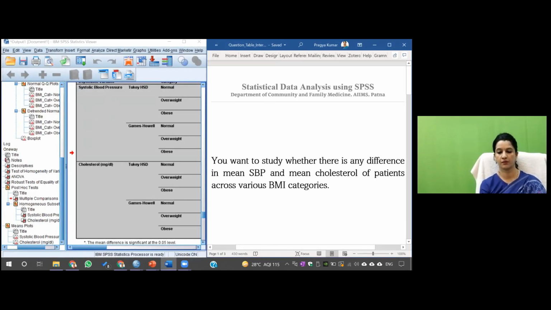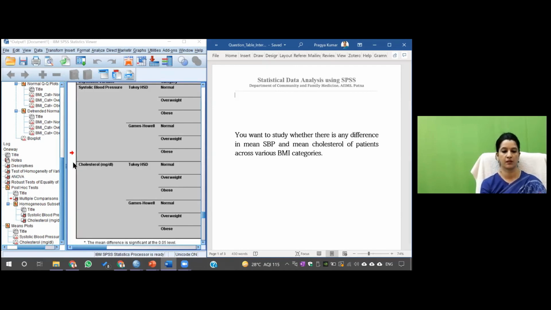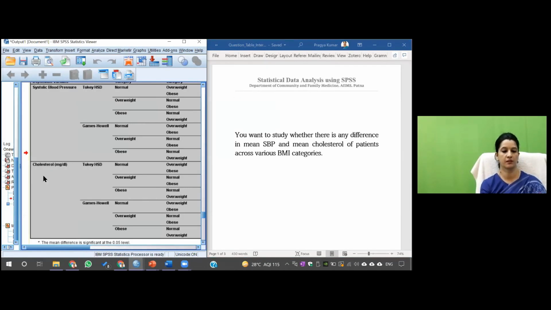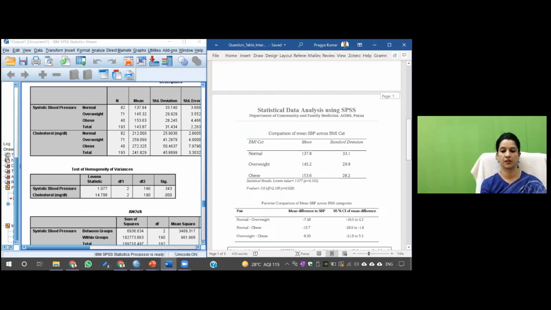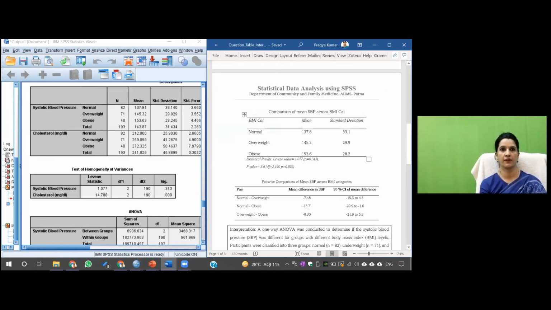I'll just reduce this size and I'll move this. Although this table is a bigger one, never mind. I'll go up, and here you can see I have entered the values. This is the BMI category. This is the mean systolic blood pressure, the mean value, and the standard deviation.